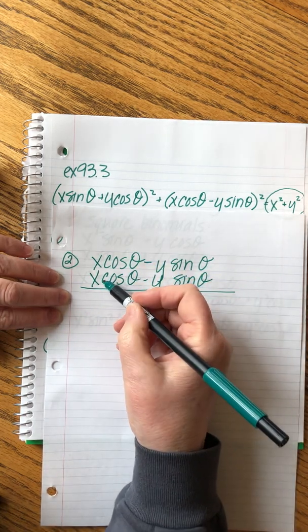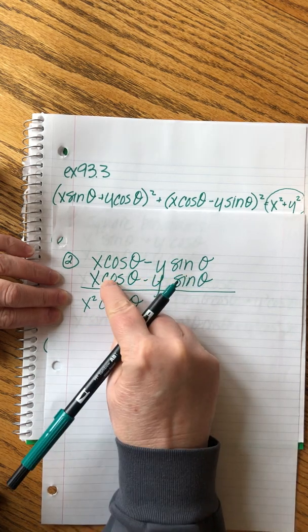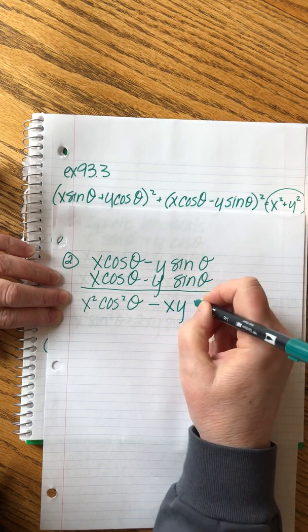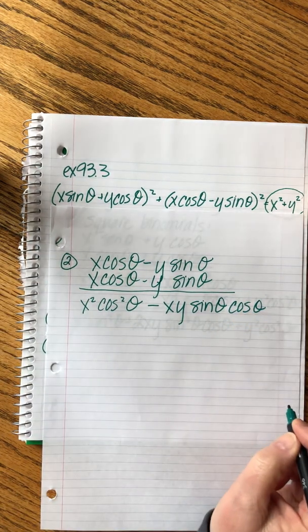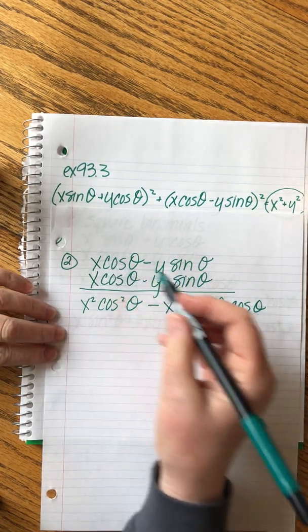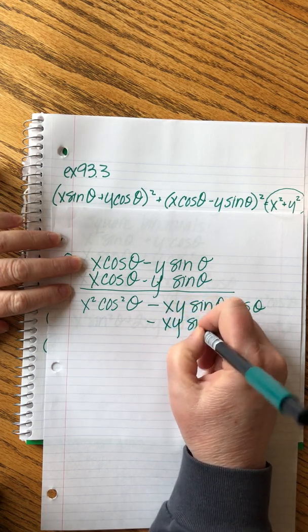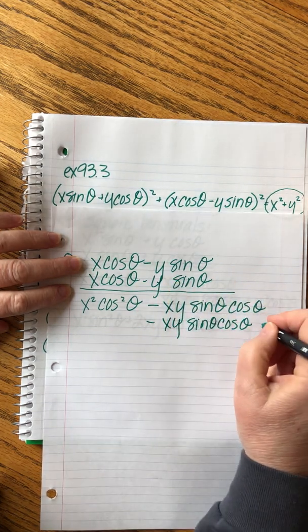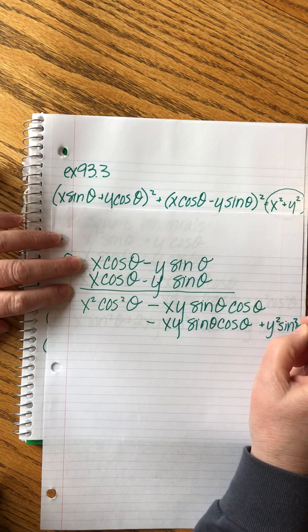And now we do the dance. I start here and I go up. We get x squared and we get cosine squared. Now I multiply across. I have minus, and I do the 2 coefficients and then the 2 trig functions. All right. Now it's time to go this way, and I get the same thing here. It's minus xy sine of theta, cosine of theta, and then here at the end, I'm going to get plus y squared, sine squared, squeeze in a little bitty theta.